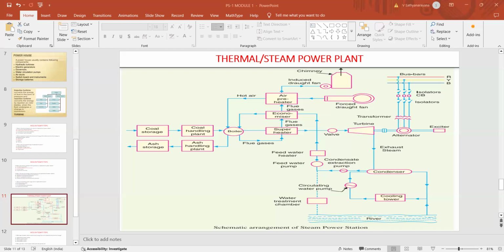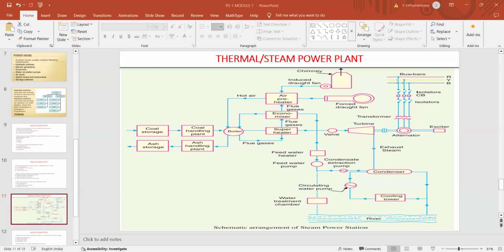So the water is generally obtained from a natural source, such as a river, certain canals or nearby lakes, or you have to create that near your thermal power station. So from these lakes, rivers or canals, whatever the natural source, the water should be taken and circulated through the condenser.